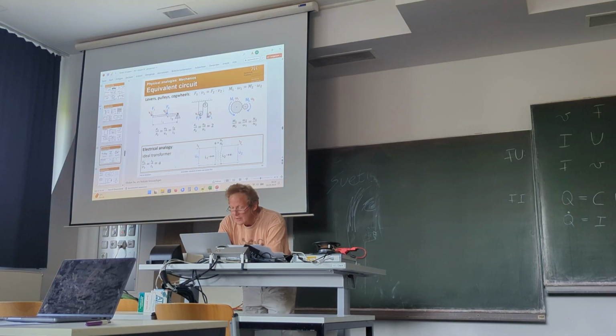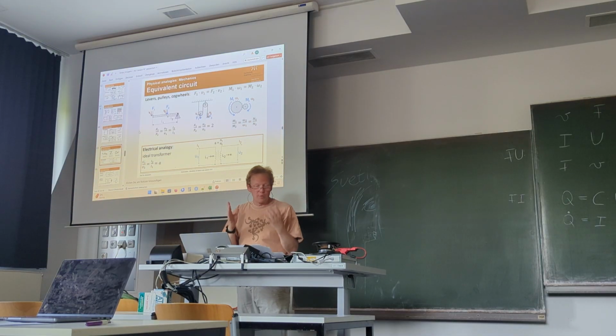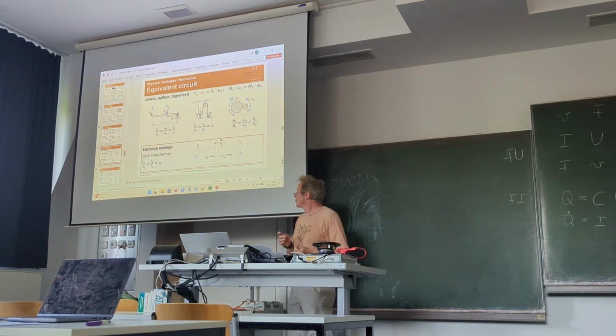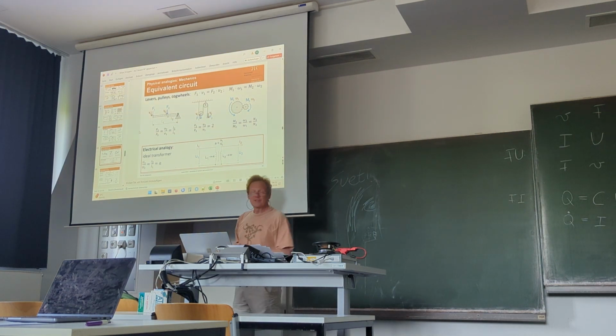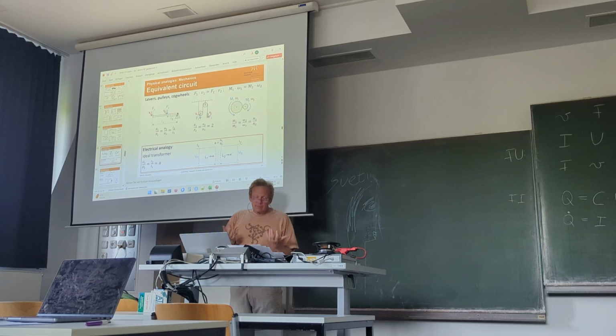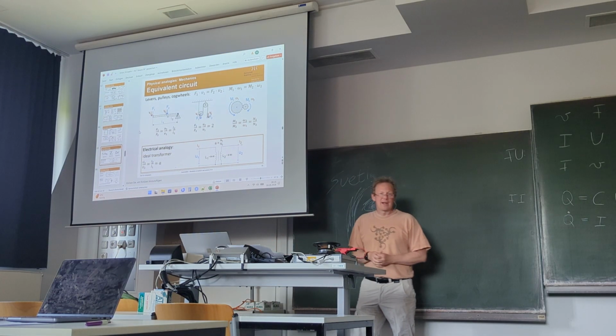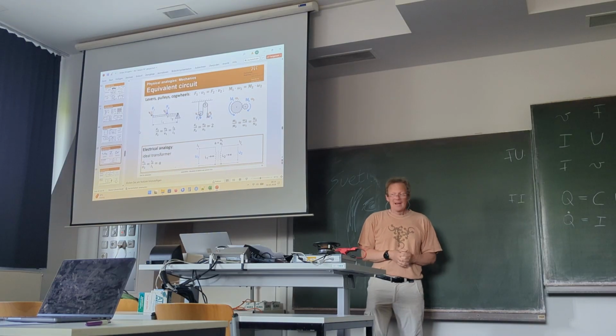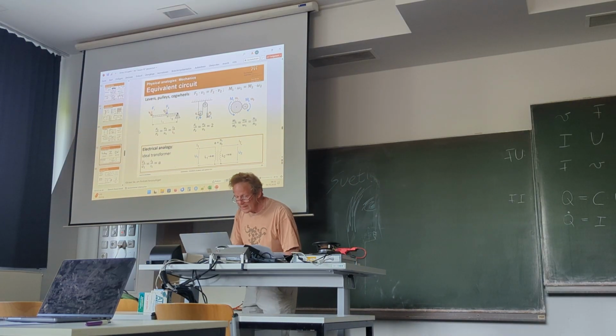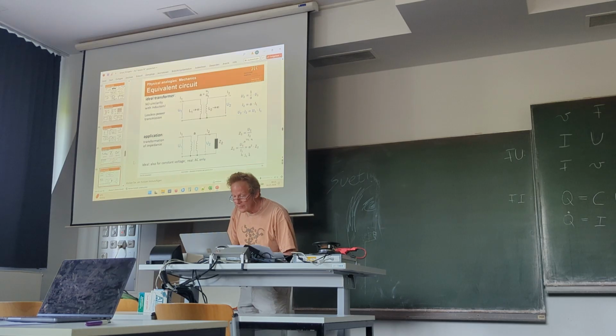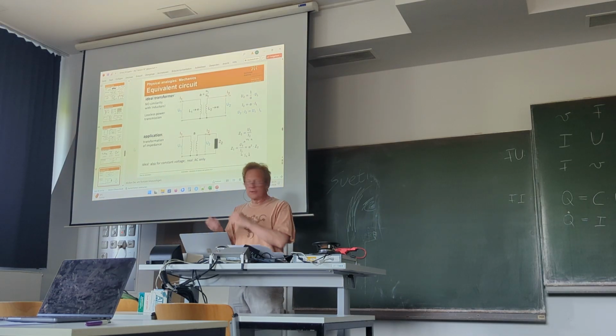And electrically, this corresponds then to a transformer, which you can build with two very, very large inductivities. But they are so large that in the end, they have no real influence.